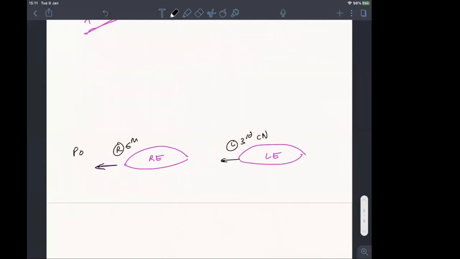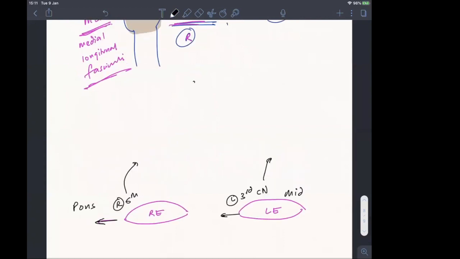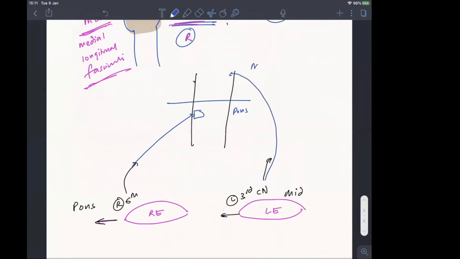This is in the pons and this is in the midbrain, the origin of these nerves. So this comes from the pons and this comes from the midbrain. Okay, so if this is right and this is left.